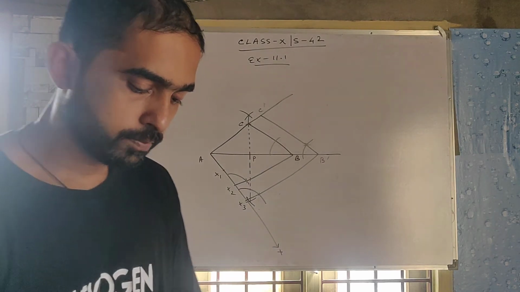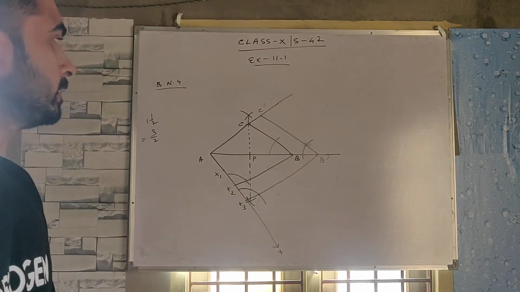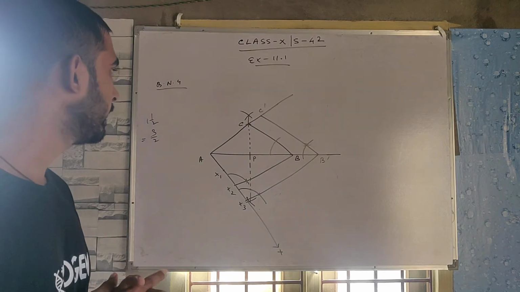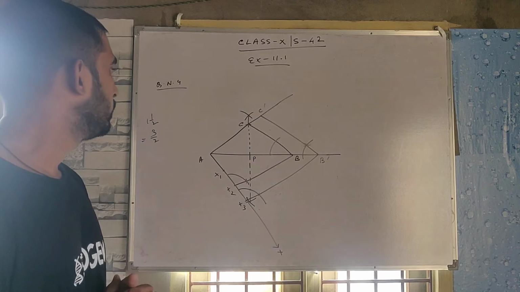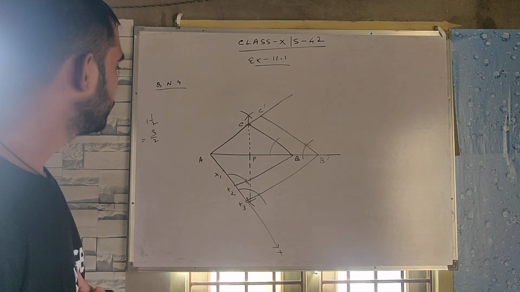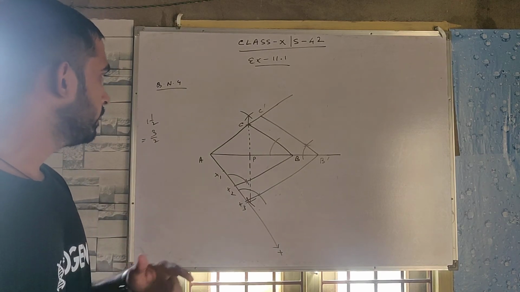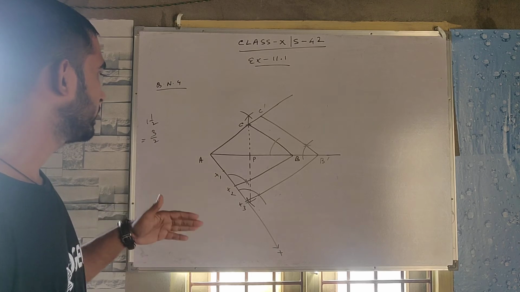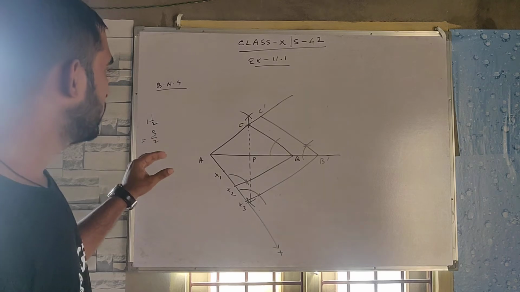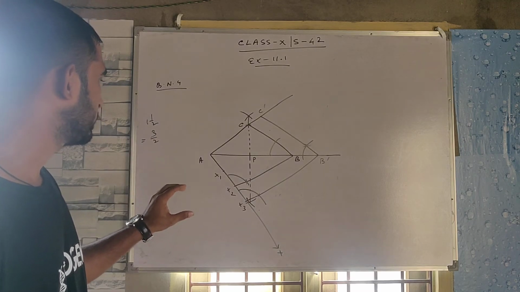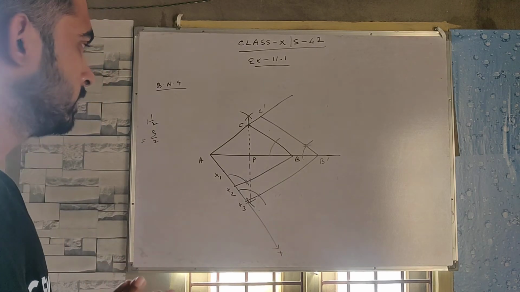Got it? So what are the steps of construction? First, draw a triangle with the given measurements. Then draw an acute angle BAX. Next, take 3 points X1, X2, X3 on AX such that AX1 equals X1X2 equals X2X3.